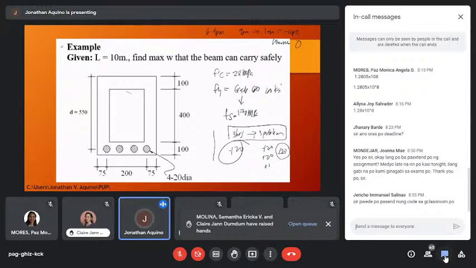Swerte mo pag tama na yung design mo na yung moment capacity niya is greater than your actual moment. Pero pag kulang siya, like yung nangyari kanina, babalik ka ulit, magdadagdag ka ng another bakal, so another investigation na naman. Kung kulang pa rin, dadagdag ka na naman. So medyo mahaba yung design, but in investigation, maikli lang siya, 30 minutes.